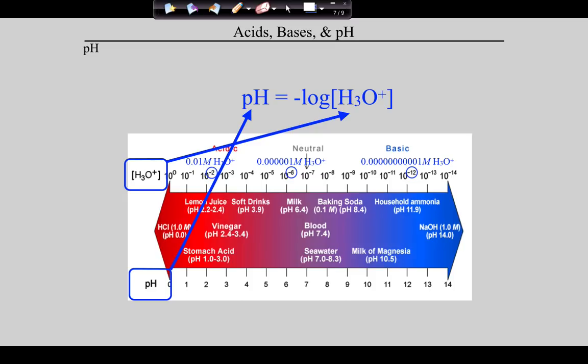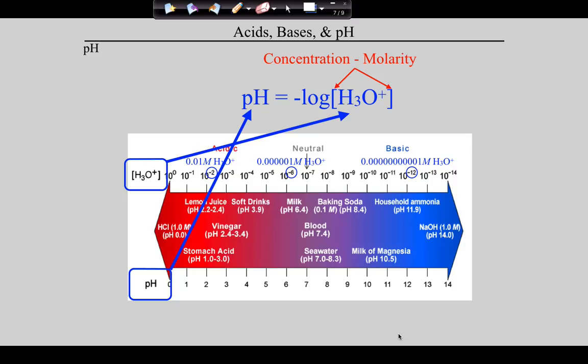I'm going to give you 2 examples of each type of solving process. And I forgot to mention, these brackets right here are not parentheses. They're brackets. They actually mean concentration or molarity. So that is the molarity or the concentration of hydronium ion.